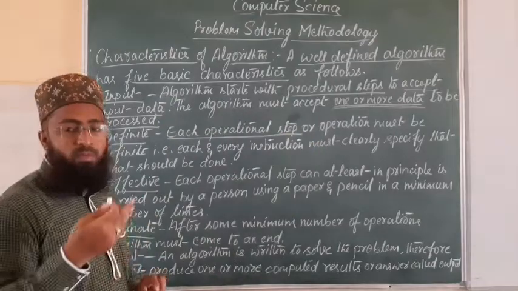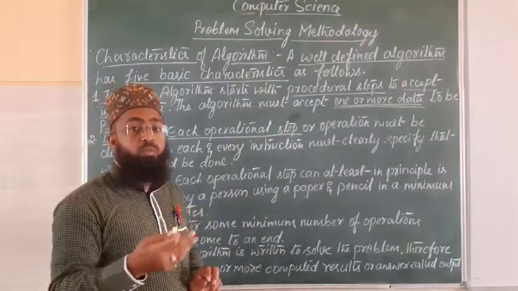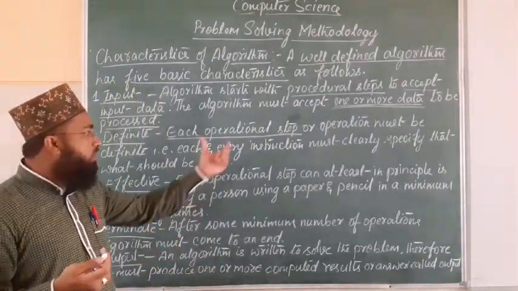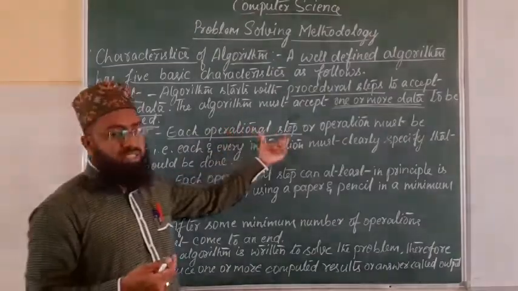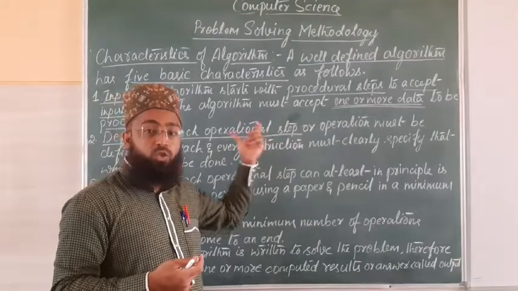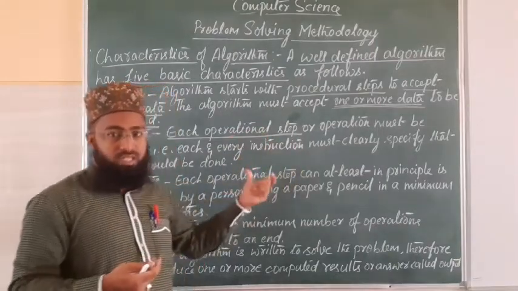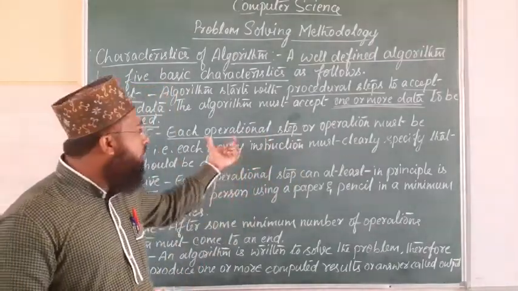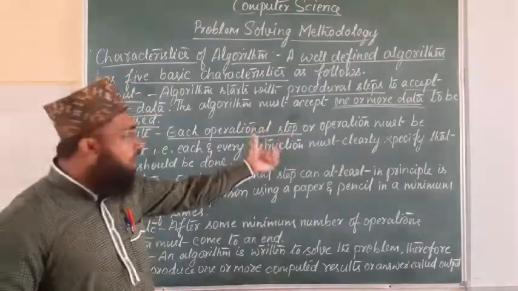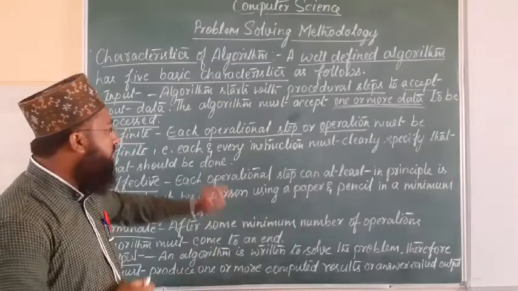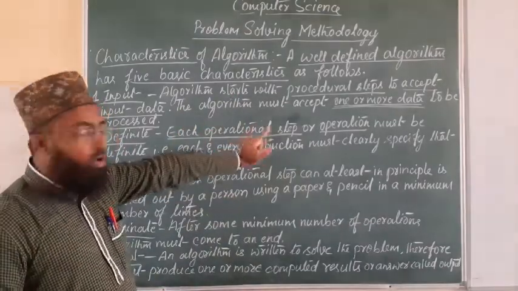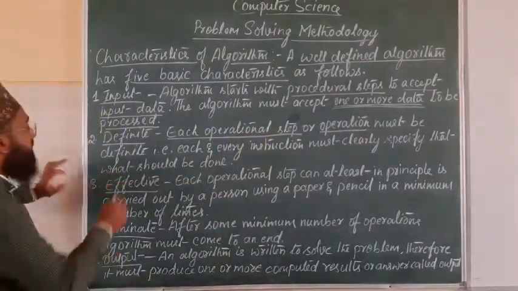Operations means to perform the work, to process the data. Here, operational steps means the steps which we use to process the data. Those steps are called operational steps or operations.